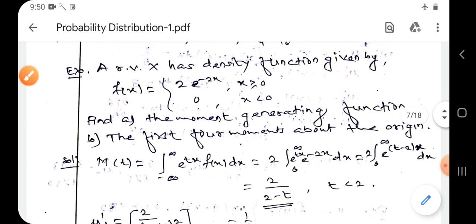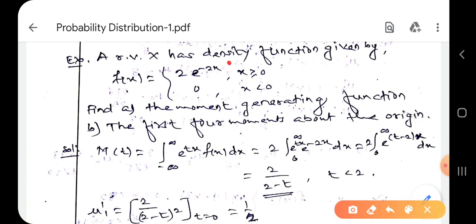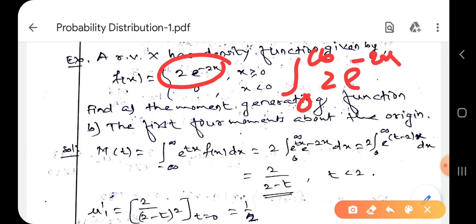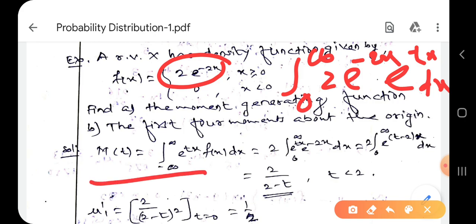The function is 2 into e raised to minus 2x, and we take e raised to tx dx. This extra term e raised to tx we take because we find the expectation of e raised to tx. Let's try to understand here, then if you don't, I will turn towards the whiteboard. Okay, let us turn towards the whiteboard and try.